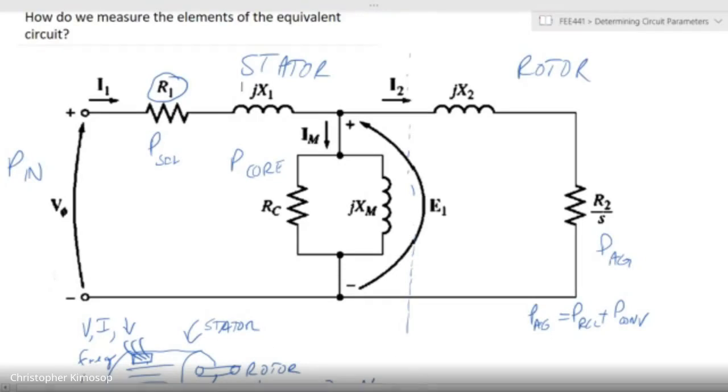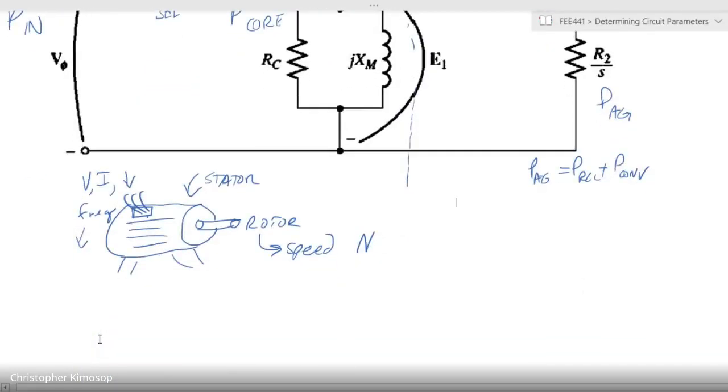However, in order to determine these elements, we have various tests that we can carry out, and the three tests that we'll be looking at today are as follows. First of all, a DC test. Second, we will have the no load test.